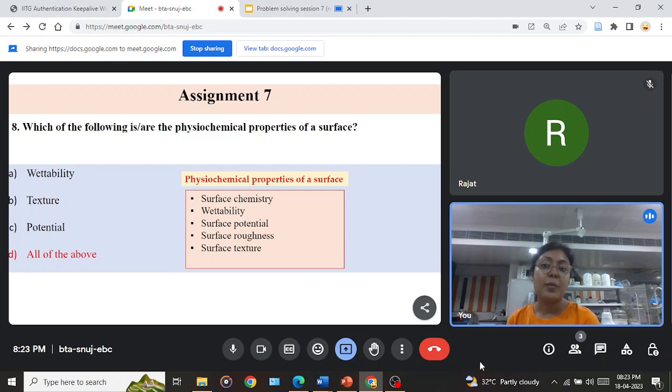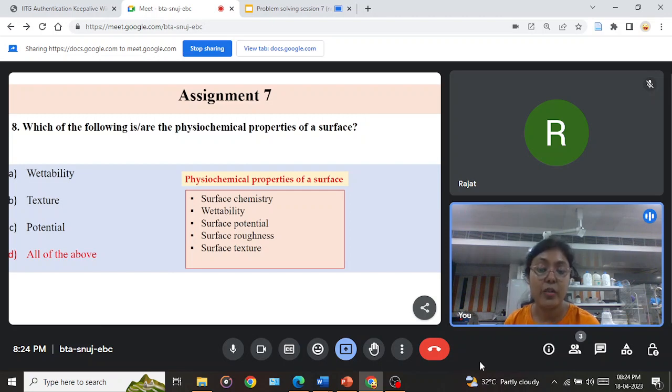So all of the above, that is A, B and C, all of this includes the physiochemical properties of a surface. Apart from that, we have surface chemistry as well as surface roughness that define the physiochemical properties of a surface. So surface chemistry, as in what is the composition and what kind of chemical nature the surface has, and surface roughness, as I said, is given by the Wenzel equation.